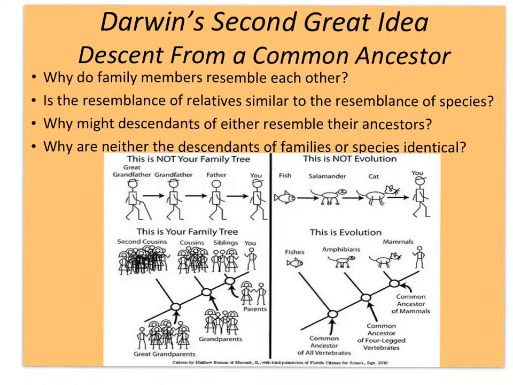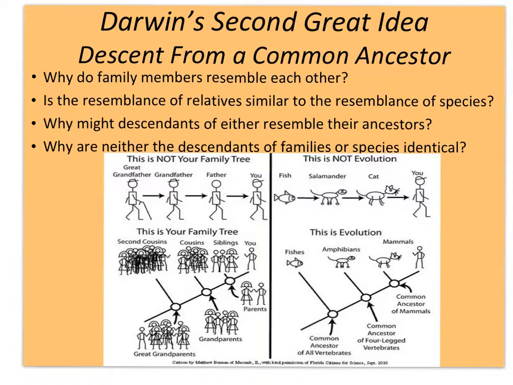So, you share half the genes with each of your parents. Okay? That's 0.5 or 50%. And then with a grandfather, you share a quarter, because 0.5 times 0.5 is 0.25, and so on.